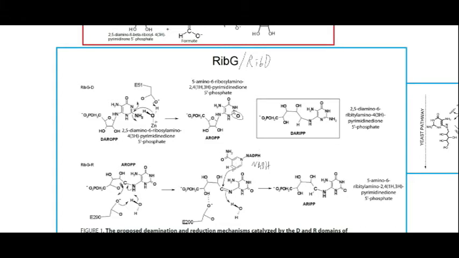But anyway, it's donating this hydride right here, which is a hydrogen with 2 electrons and a negative charge, going down on here. So it's going to attack that carbon right there and turn it into an sp3 carbon, so a carbon with just 4 single bonds.